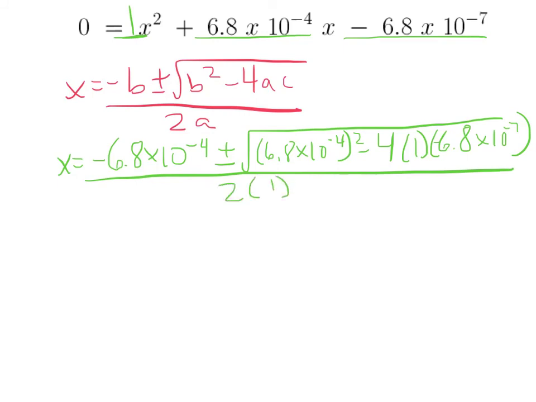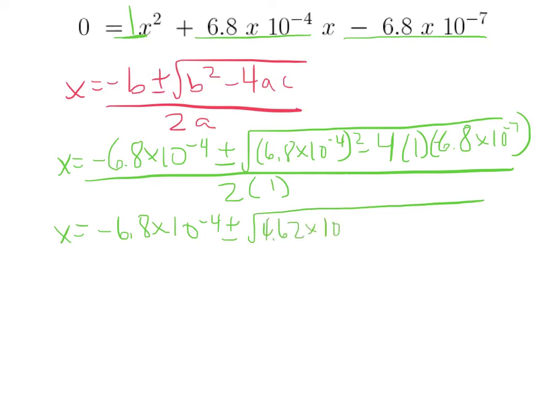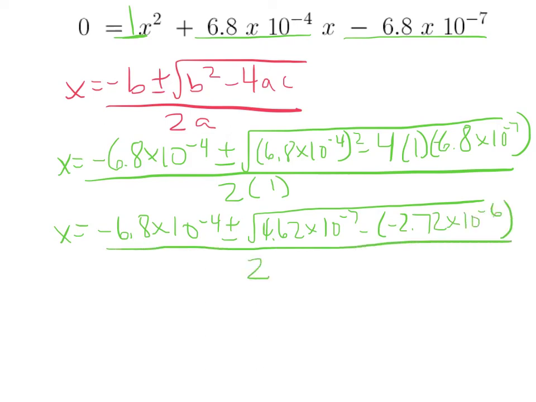2a. So simplifying a little bit more, we get negative 6.8 times 10 to the negative 4 plus or minus the square root of 4.62 times 10 to the negative 7 minus negative 2.72 times 10 to the negative 6, all over 2.